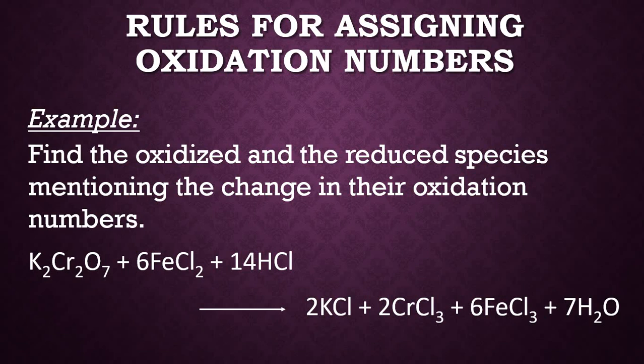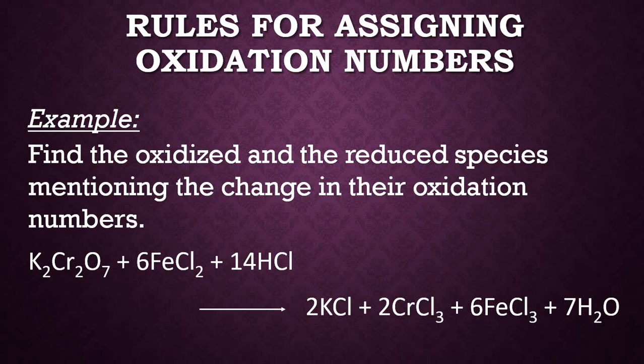So we can calculate the oxidation number of chromium in the first compound, potassium dichromate. For each chromium atom, we will find that its oxidation number is +6. In the second compound, FeCl2, we can easily calculate the oxidation number of iron, Fe, which equals +2.